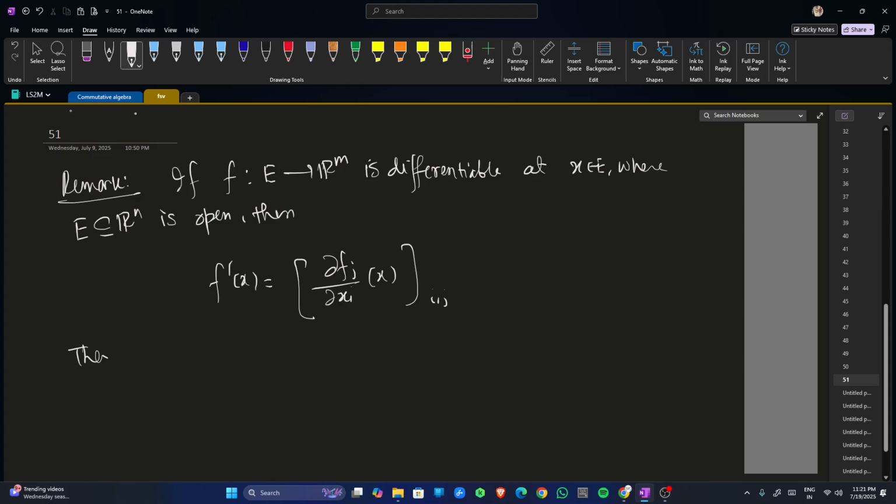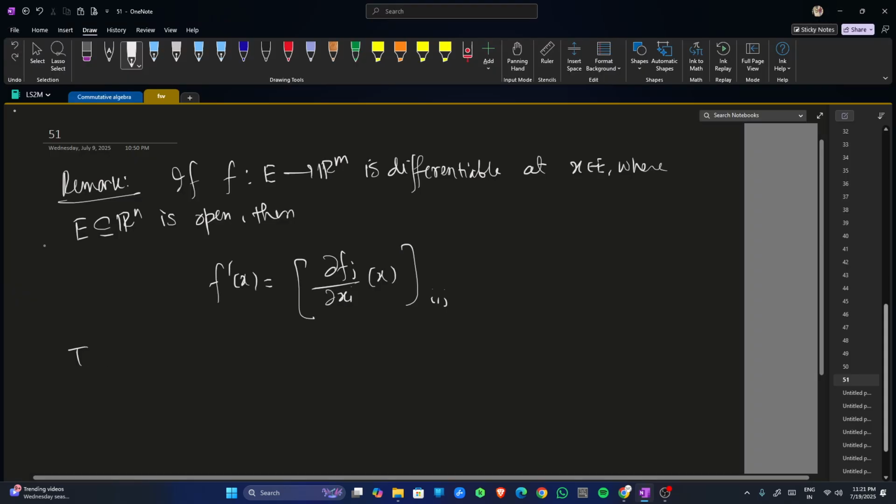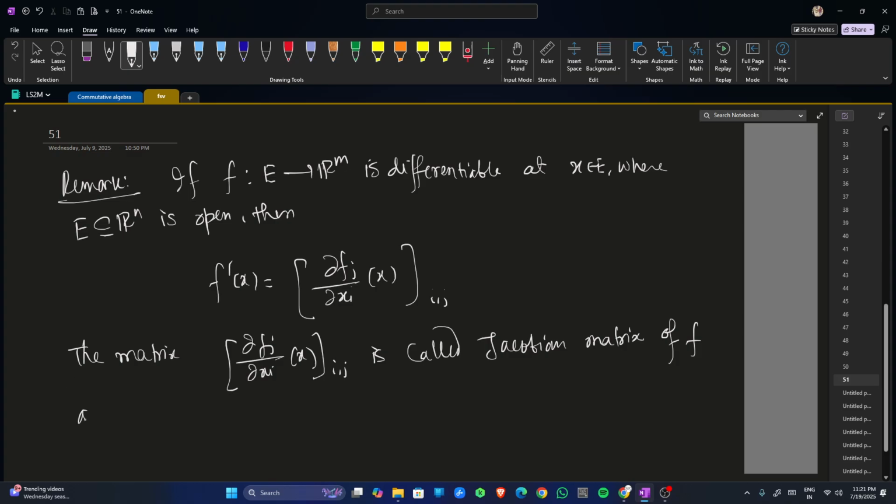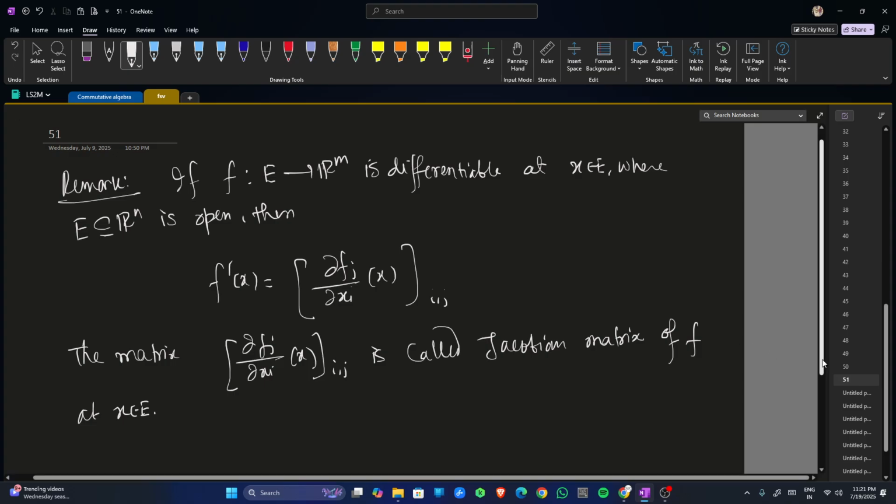The matrix del f_j del x_i at the point x, ij, is called the Jacobian matrix of f at the point x, provided all the partial derivatives exist.